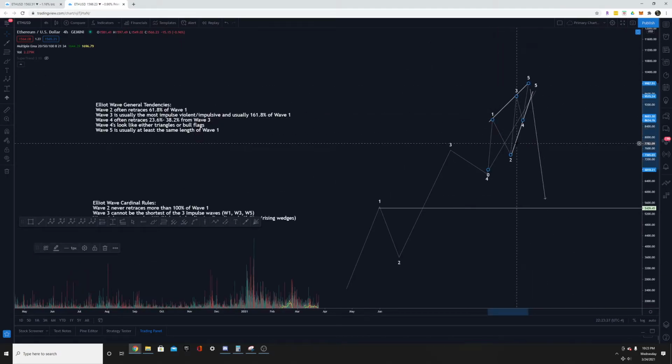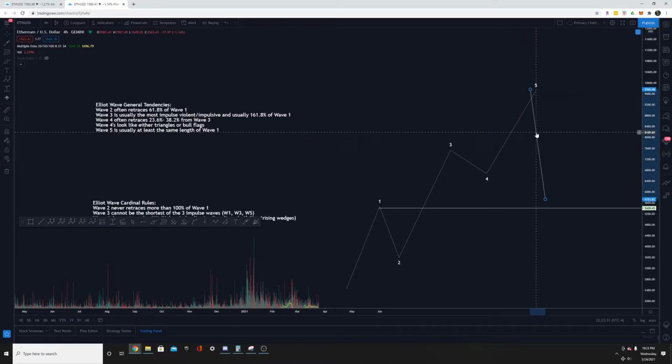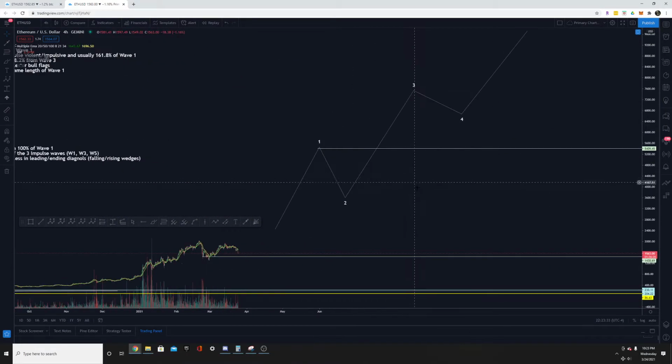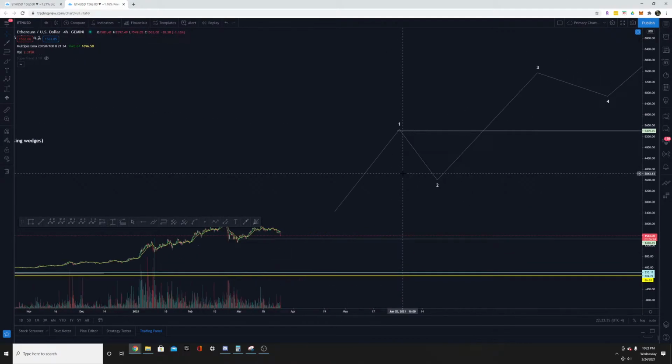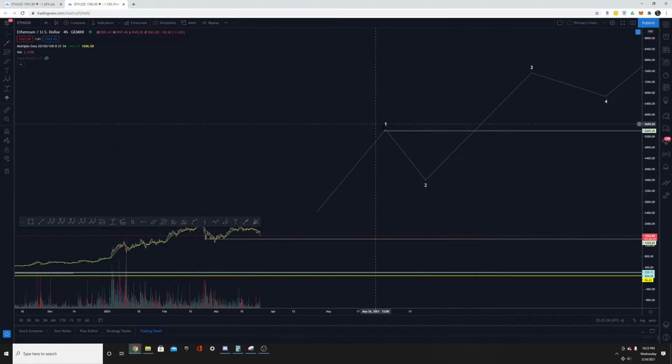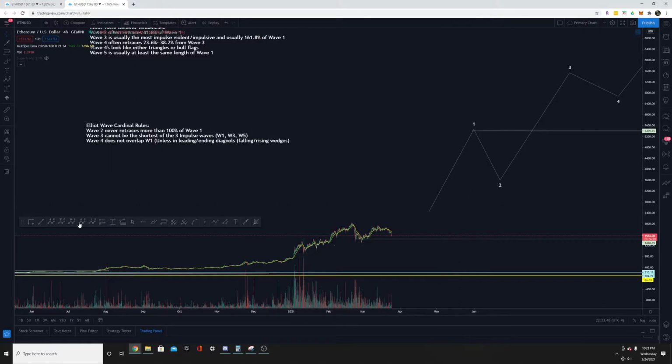So that's called an ending diagonal. And then a leading diagonal is also like this. So this can be a leading diagonal, like that.